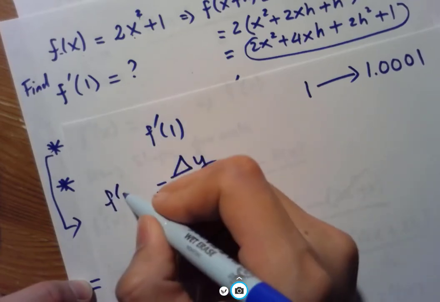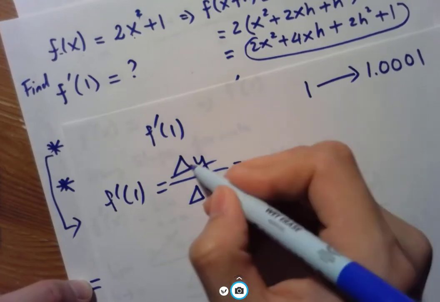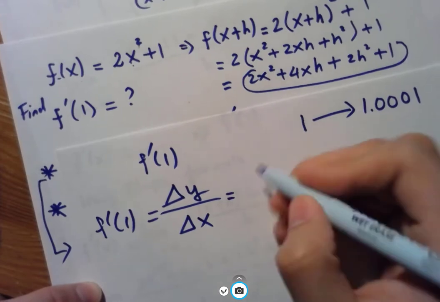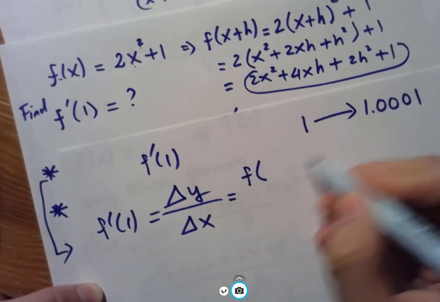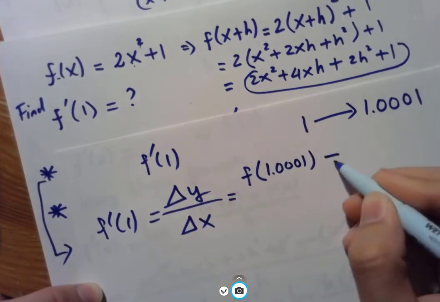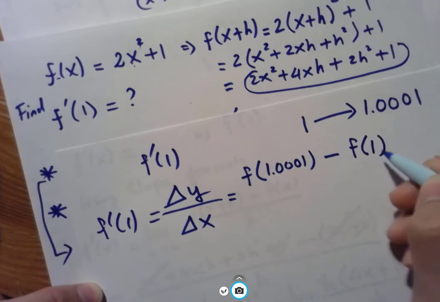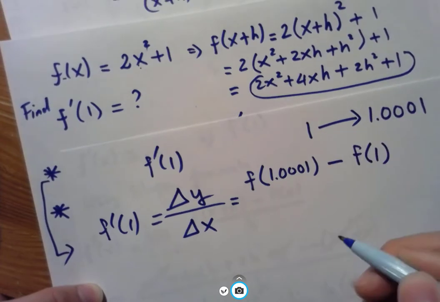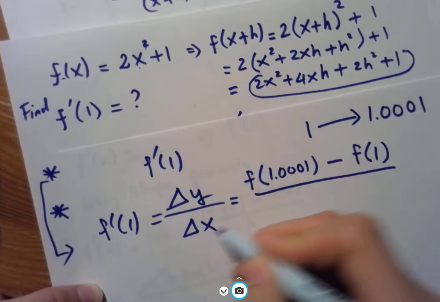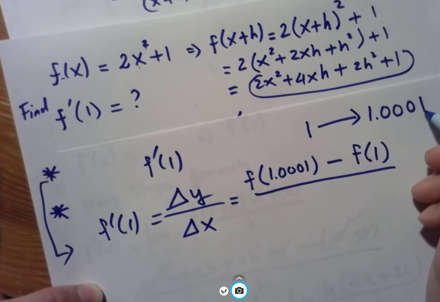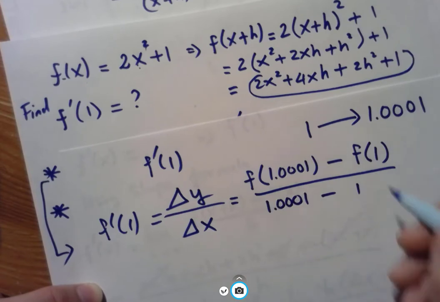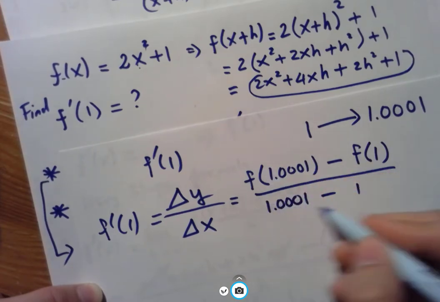So f prime of 1: the change in y means the change in the f value, so f of the second point, 1.0001, subtract f of 1, because we are changing from 1 to there. And then the change in the x-axis: we go from 1 to 1.0001, so 1.0001 subtract 1. This is the rise over run, or the slope formula.